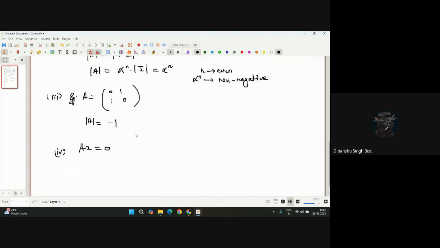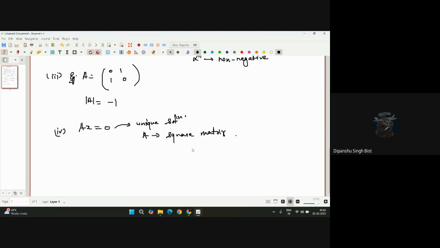Okay, and it has a unique solution, and A is a square matrix. Then what can you say about the determinant of A? The determinant of A will be non-zero in such cases.